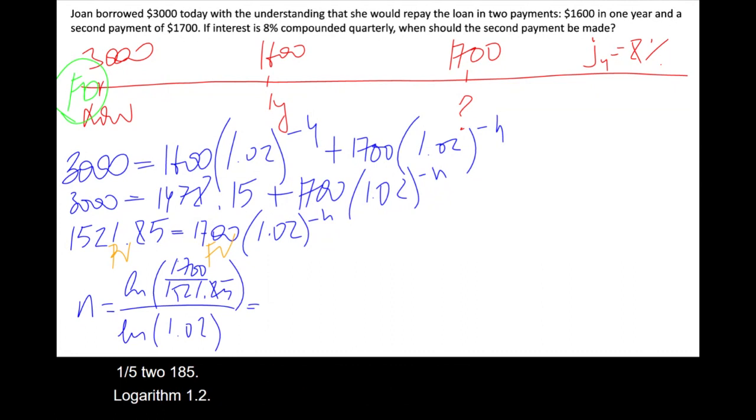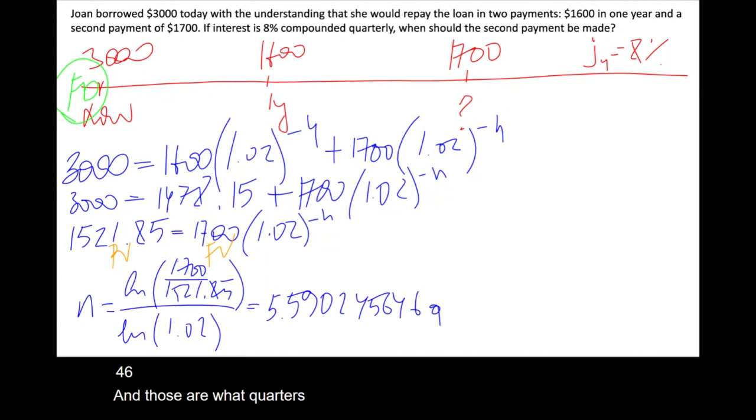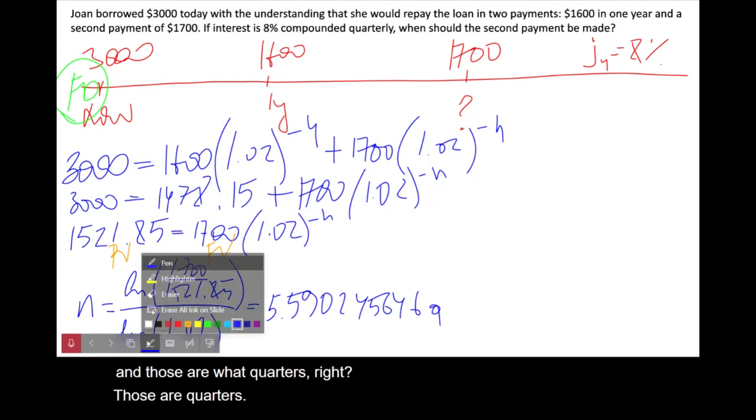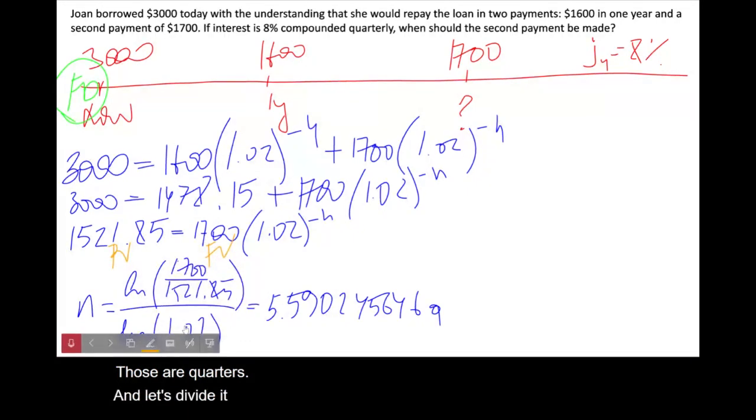Okay, so what is this? 5.59024564. And those are what? Quarters, right? Those are quarters. And let's divide it by 4.